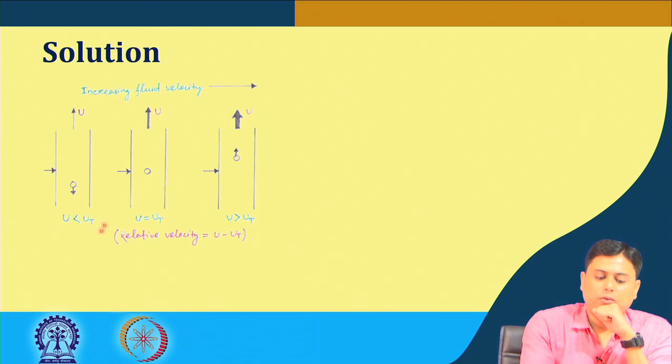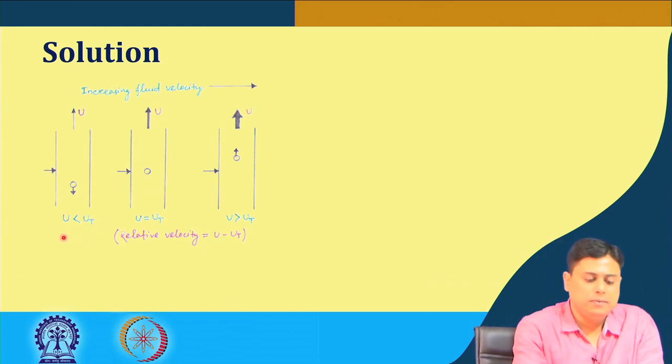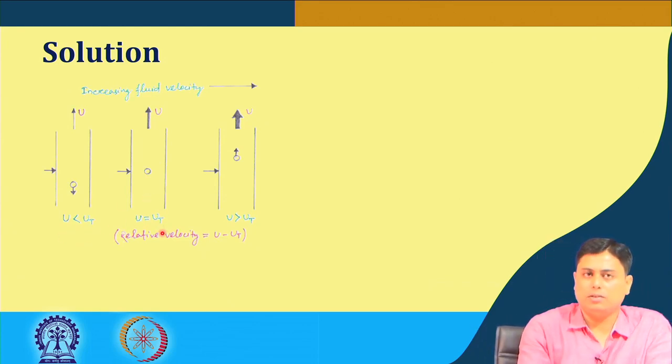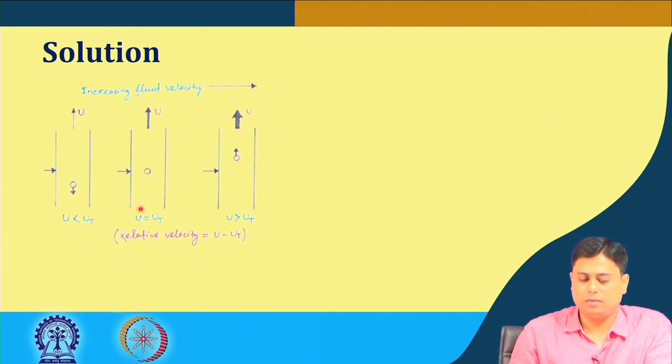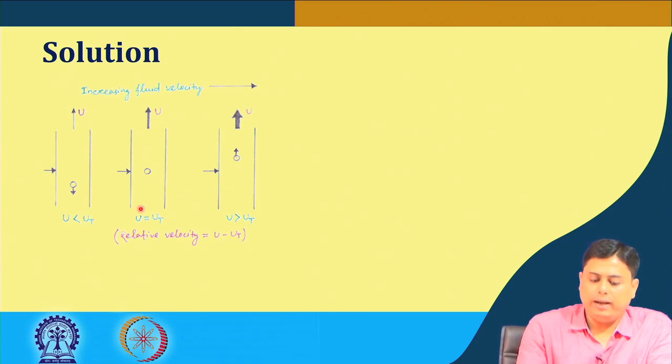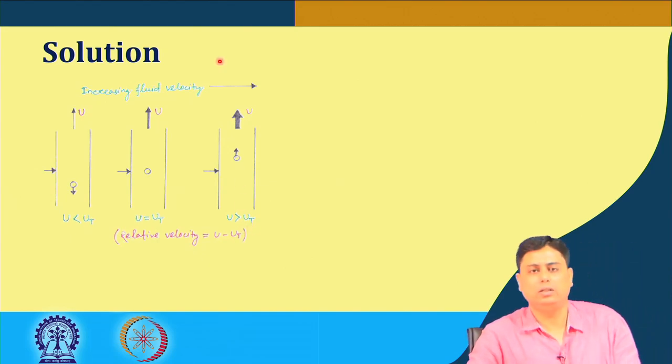If you further increase the fluid velocity, there will be a point where the fluid velocity equals the terminal velocity, and in that case the particle will be at a stagnant point, it will not move. And if this rising stream velocity is higher than the terminal velocity, it will go with the liquid.